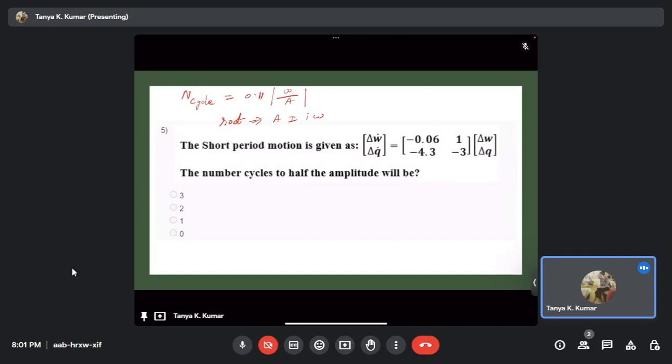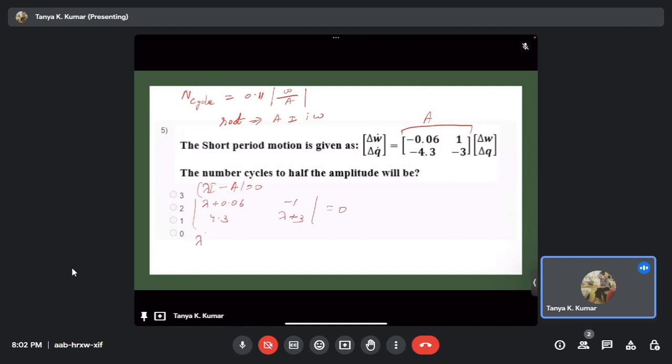Okay, let's do this. Find the characteristic equation. You have the determinant of lambda I minus A equal to 0, where this is A. So you have lambda plus 0.06, minus 1, 4.3, lambda plus 3. So what is the equation?